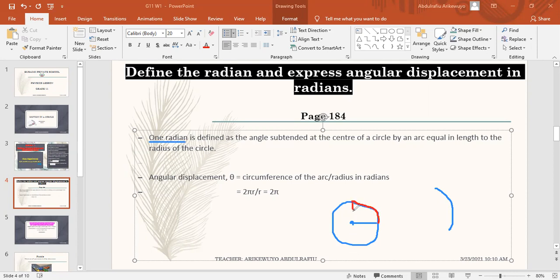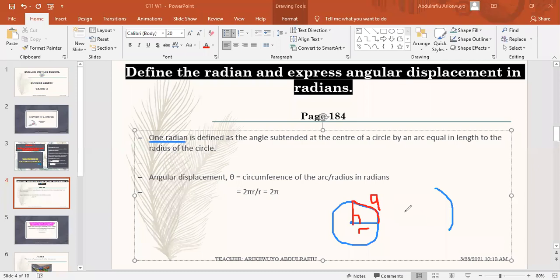Now, if the length of this arc, this red part of the circle, is the same as the length of the radius, let me say this radius is R, and let's say this arc is A. If A is equal to R, can you see the angle I'm drawing? The angle subtended is 1 radian.